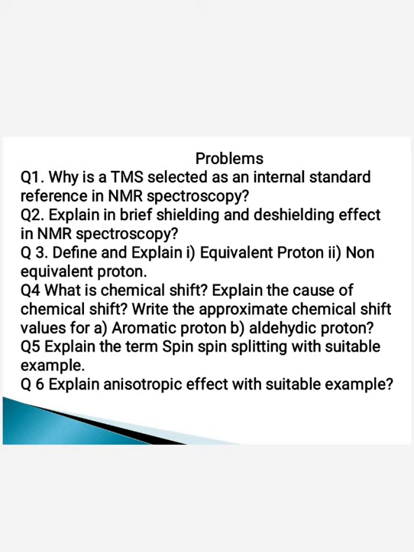The de-shielding zone is where the induced magnetic field reinforces the applied magnetic field, and the shielded zone is the zone where the induced magnetic field opposes the applied magnetic field. When a proton comes in the de-shielding zone, it gives a higher chemical shift value, and when a proton comes in the shielded zone, its chemical shift value is lower.